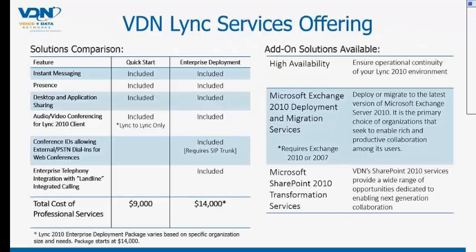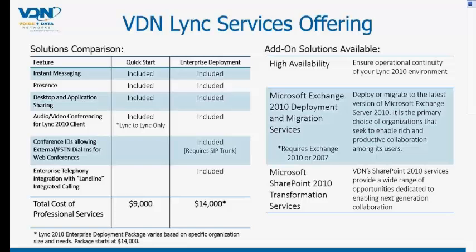So let's talk about what you get, because I said we wanted to make this easy and give you something bite-sized. And we have absolutely done that. We have two offers, an enterprise deployment and a quick start that can get you in there. Quick start gets you basic Lync instant messaging presence, desktop and application sharing, and audio and video conferencing, $9,000 in professional services.